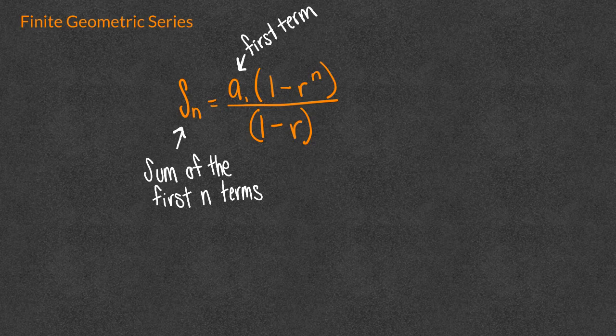Now r shows up twice within the formula, and it means the same in both locations, and it's what you are already familiar with as what r represents, and that's your common ratio, or what it is that you are multiplying by.